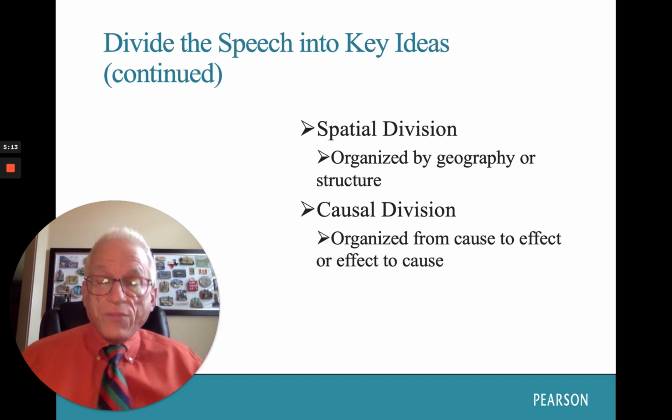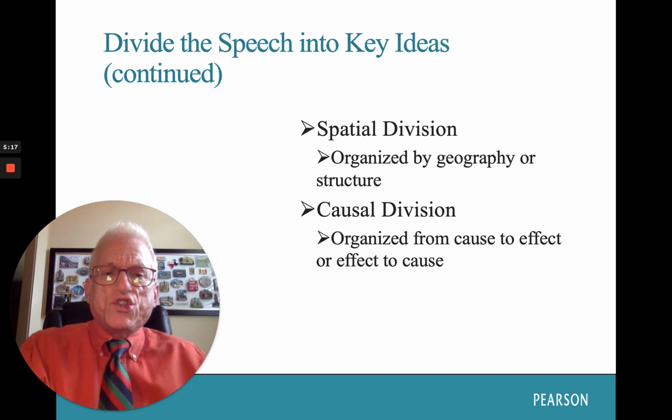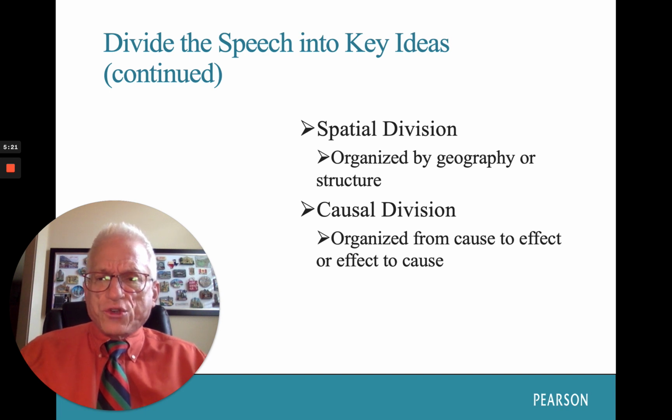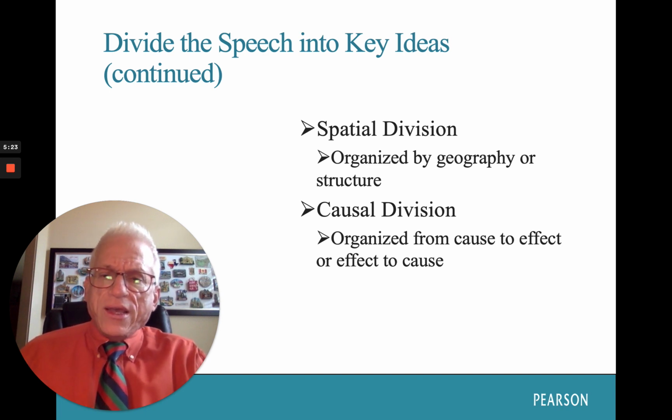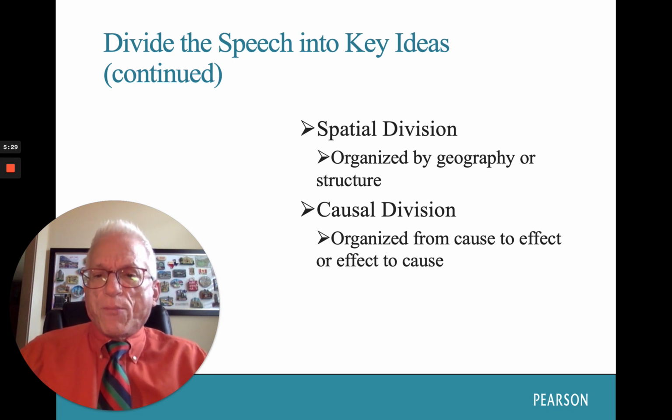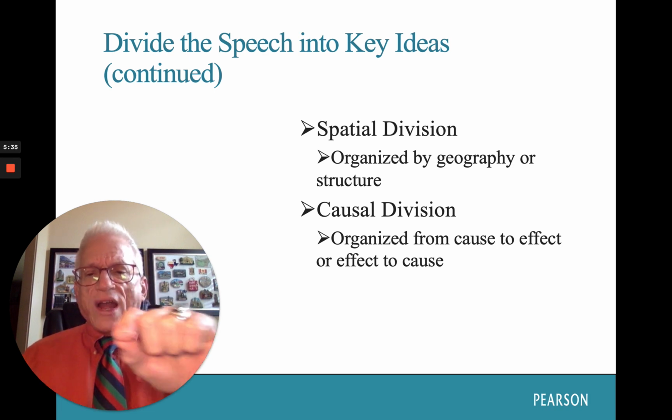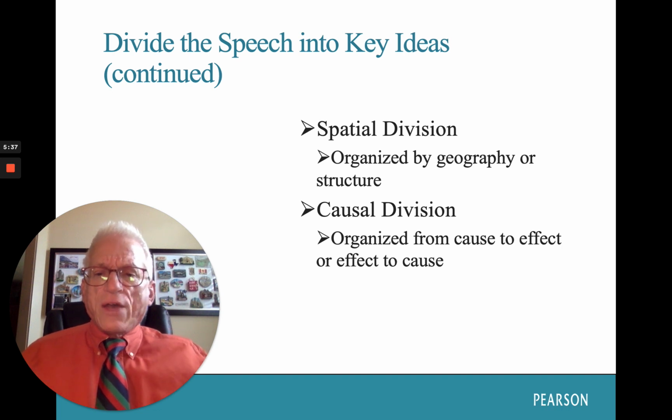Spatial division is how we organize things directionally. It's geography or structure. The best way to think about spatial versus topical is, could I draw my points out on a map or on a piece of paper? So a spatial division is different than topical in that there is a directional way of looking at it.